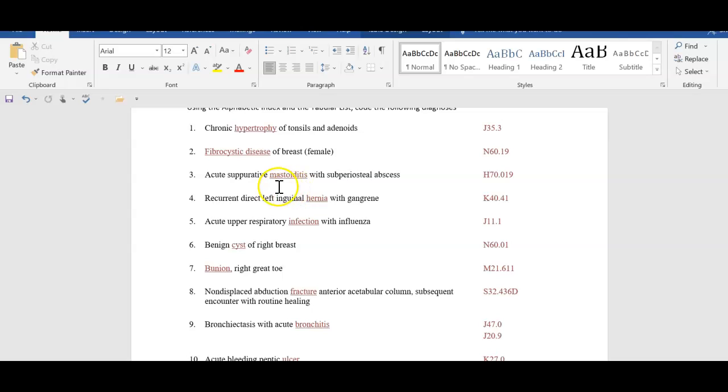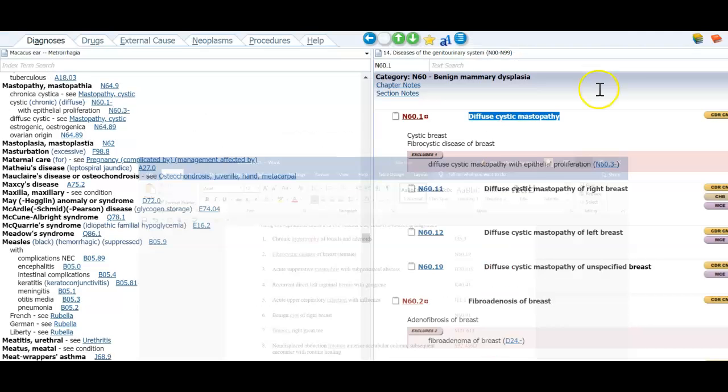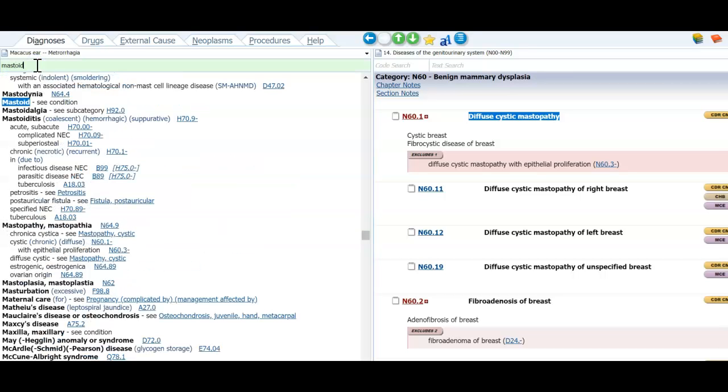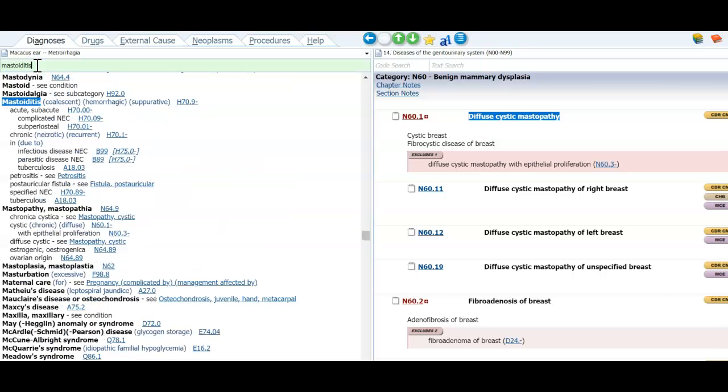Okay, so let's go ahead to the next one. We have mastoiditis. So that's going to be my main term. Keep in mind you can pause the tape as much as you want. And look at here.